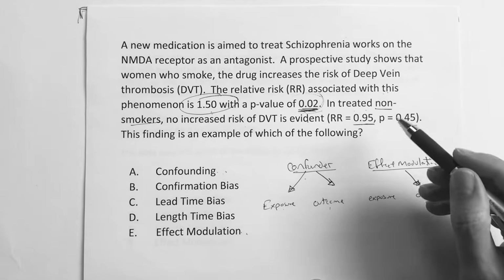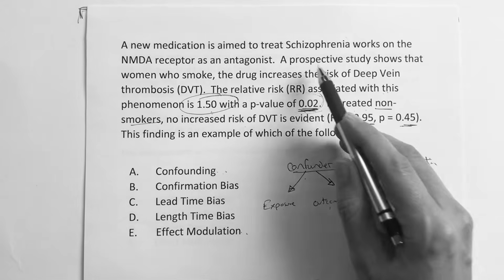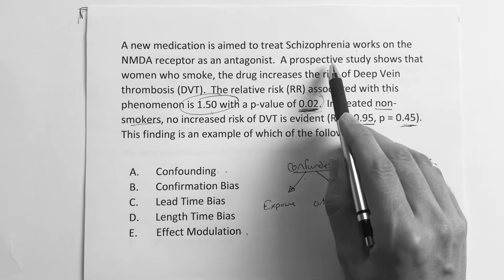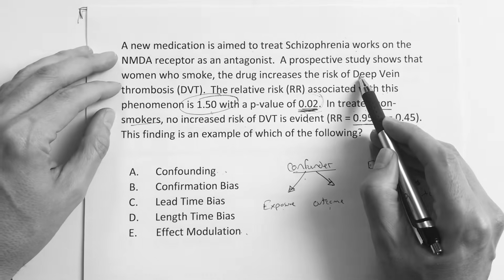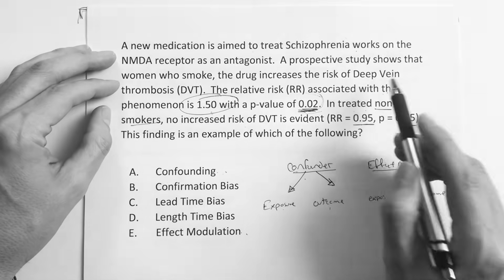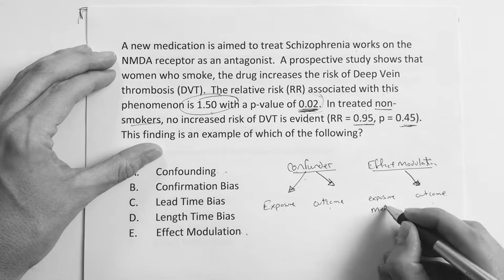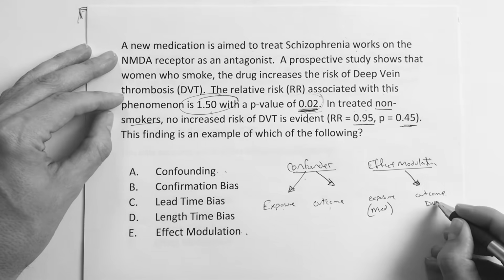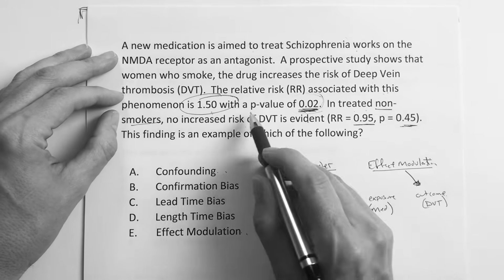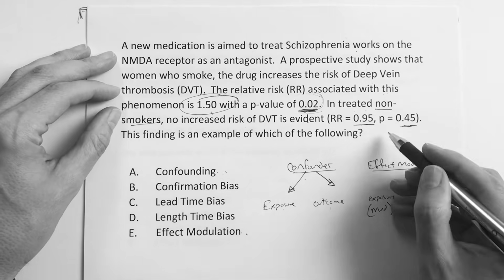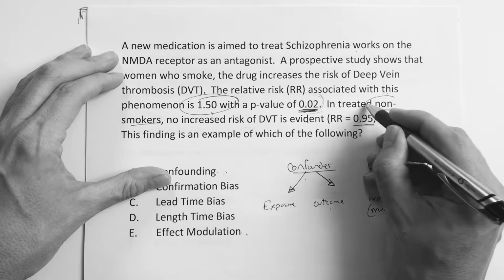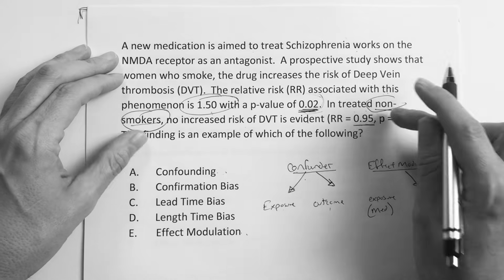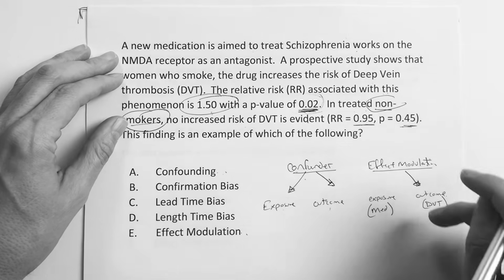Now, in this question, it started talking about a new medication, and that's the exposure. And they were looking at an outcome of DVT. But then when they did a follow-up on this, they said, well, look, what about smoking? Because they treated non-smokers, they had a different reaction.